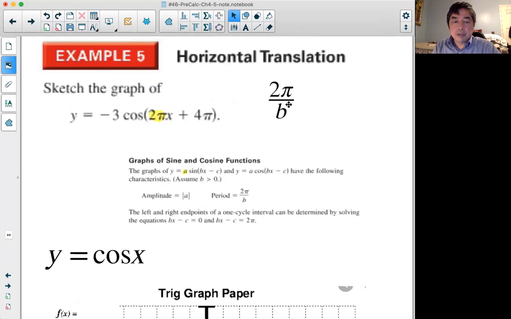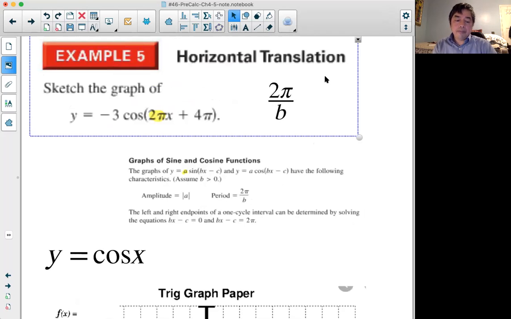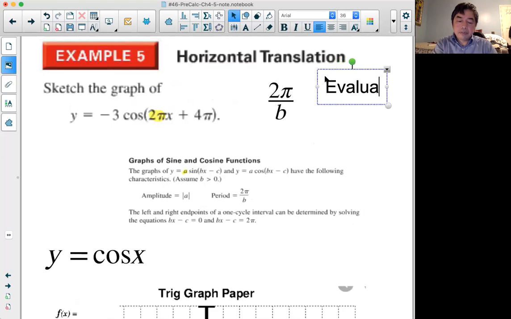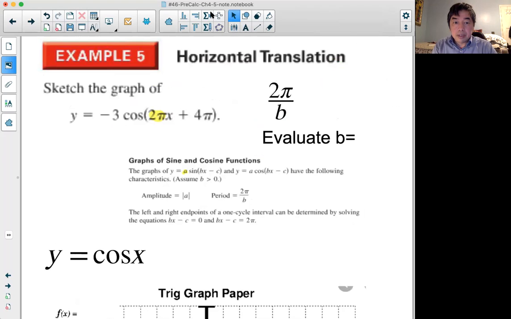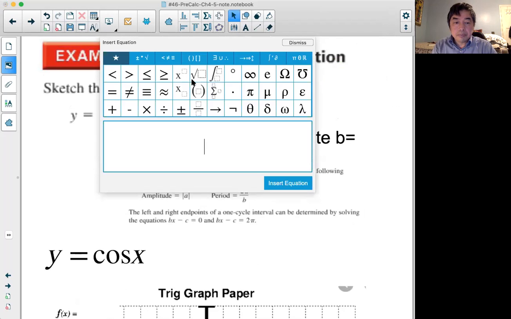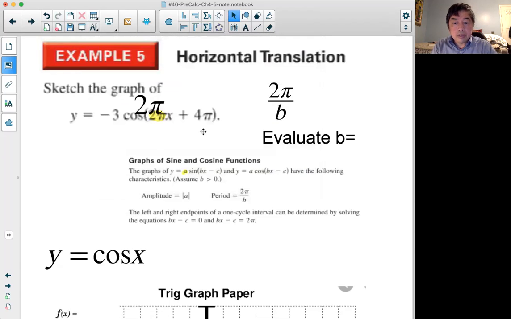So if you solve for b and evaluate b, equal this time, you have to type 2 pi here. Okay, 2 pi.